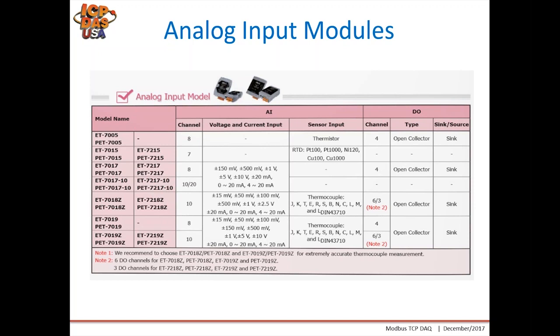Not all of them have the PET version or the dual Ethernet port version. And our part numbers stay consistent, where a 17 refers to analog input module with those specific analog input types and a few digital output types. So the last two digits in the part number traditionally are the I/O configuration for our devices.